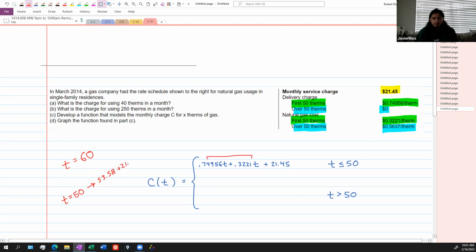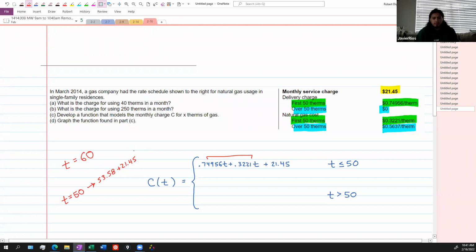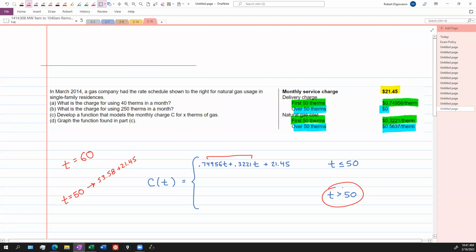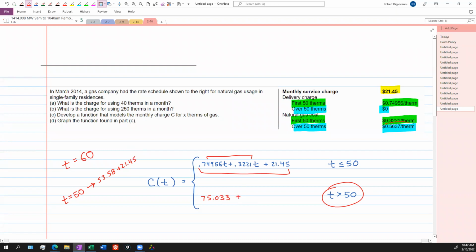And then I have the 21.45. Do you understand what I'm doing? Yes, sir. So if I get to anything over 50, first of all, I have to pay for all this, which comes out to be like 75.033 or something like that. That's my new fixed cost, plus I've got to pay this much per therm for the rest of it.